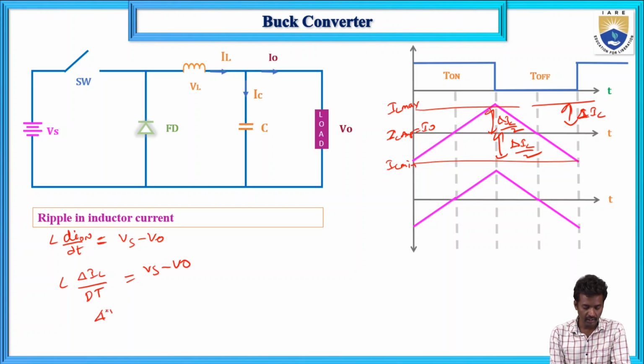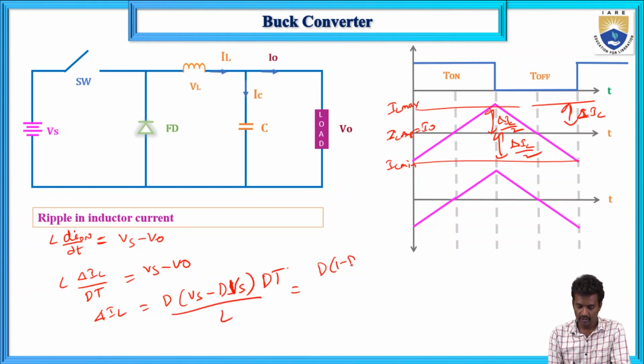So now del IL equals D into (Vs minus V naught) into T by L. This equals D into (1 minus D) into Vs by L, and T is 1 by F, so L into F. So the final formula is del IL equals D into (1 minus D) into Vs by LF.